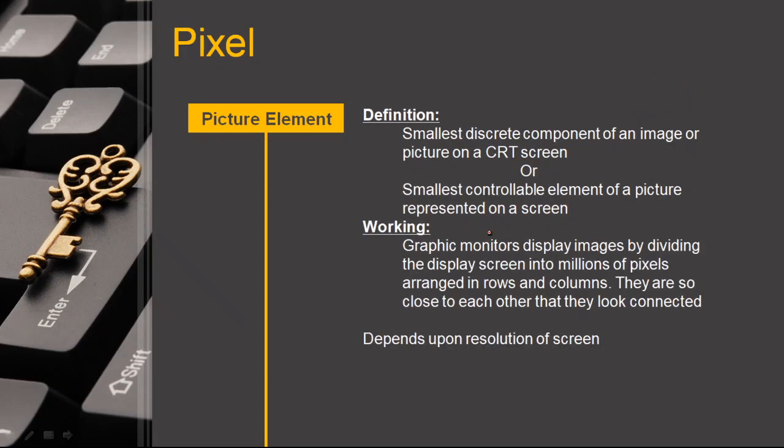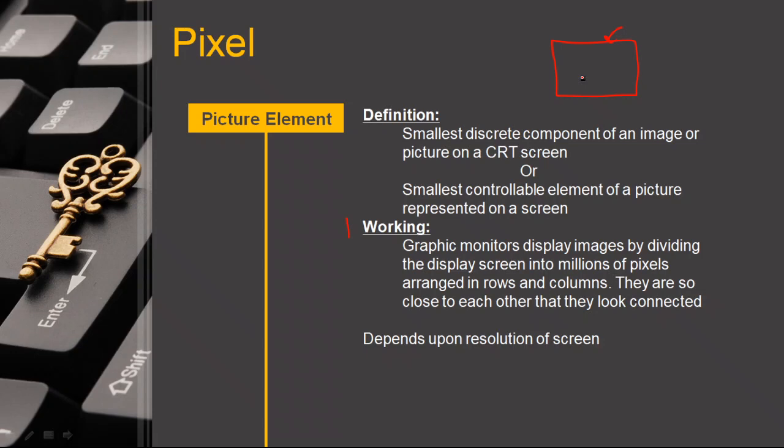How that pixel works? Look here, working. The graphic monitors display images by dividing the display screen into millions of pixels. Suppose this is a screen and an image is displayed on it. This screen is divided into millions and trillions of pixels, or you can say that this screen is made up of millions of pixels arranged in rows and columns.